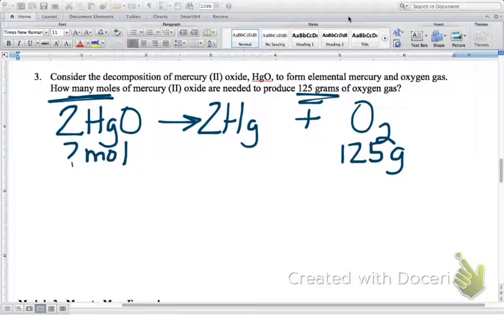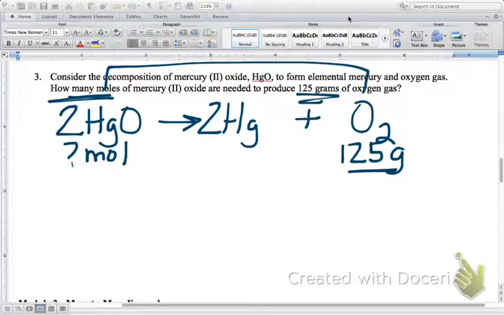It doesn't matter where you're starting in the balanced chemical equation. Okay? But this time what we're starting with is a gram quantity. And if I want to be able to go from one side of the equation to the other, we said that to go from one substance to another substance, regardless of where it is in the chemical equation, we have to be in what unit? Nope. Moles. We need to be in moles. To cross over from one substance to another substance, we've got to go through the land of the mole. So we've got to get this 125 grams into moles.